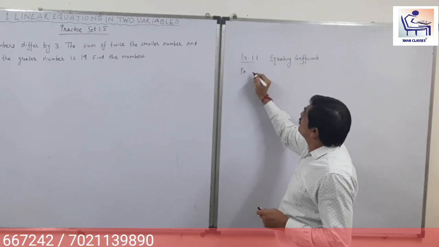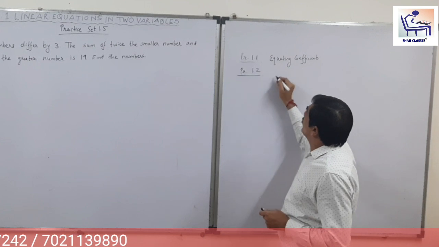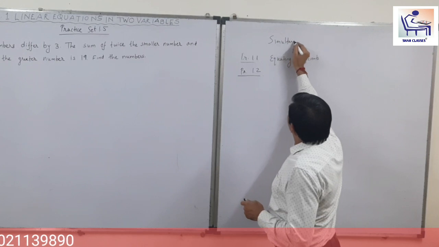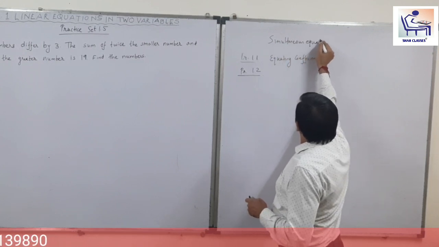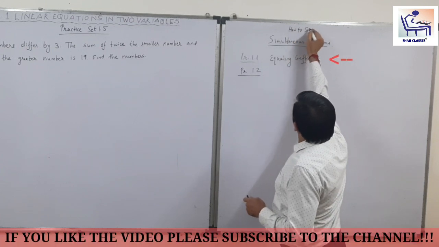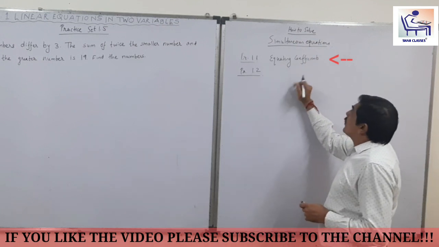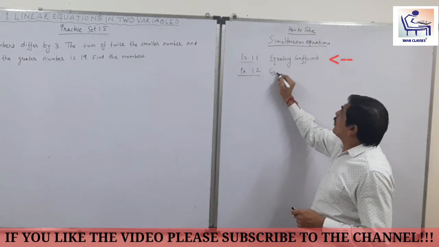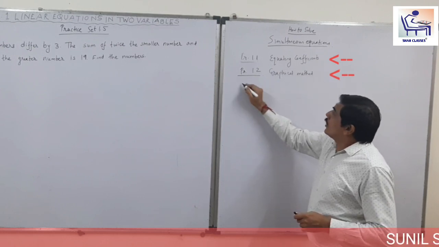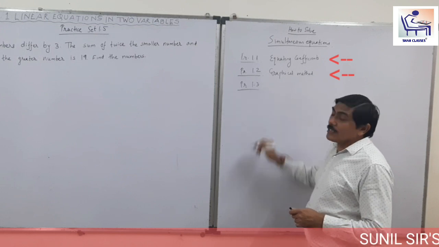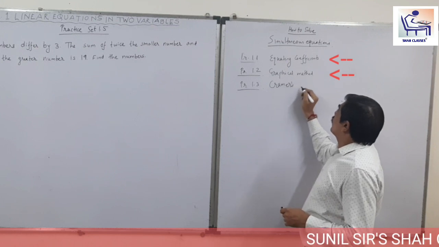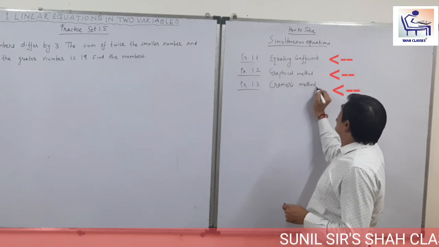Second practice set 1.2, we have seen how to solve these simultaneous equations in graphical method. Third practice set 1.3, you have seen by using Cramer's rule, so we call it as Cramer's method also.